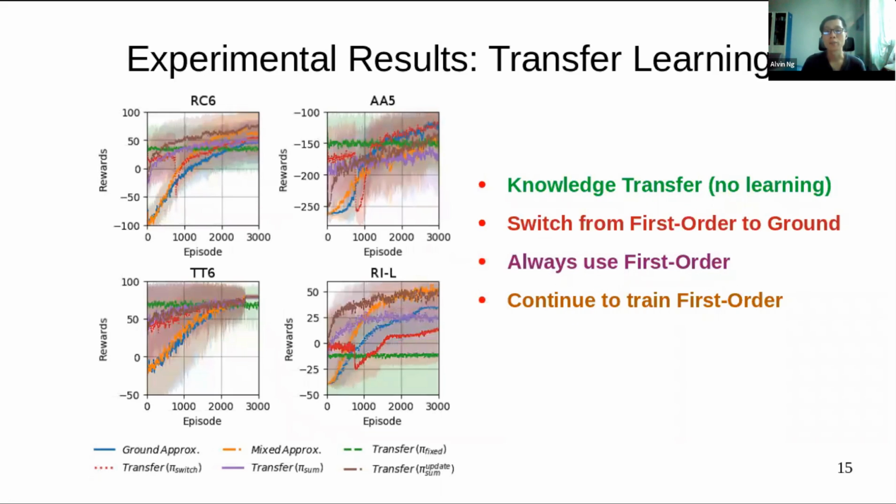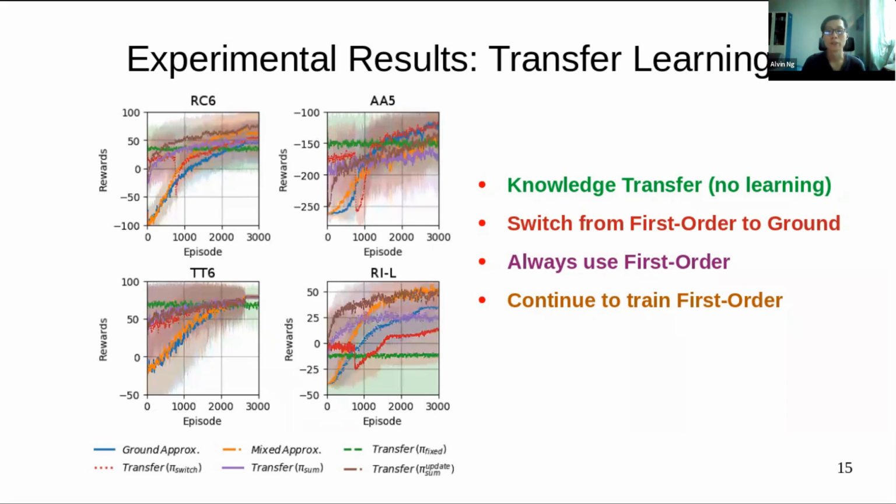In the next set of experiments, we train a first-order approximation in the small-scale problems, and then transfer them to solve large-scale problems. The baselines are the blue and orange plots for ground and mixed approximation, respectively, without any transfer learning. For the green plots, we use only a transferred first-order approximation with no further training.